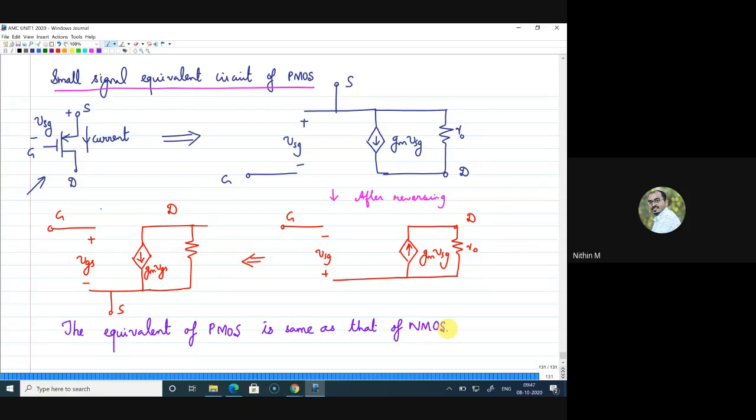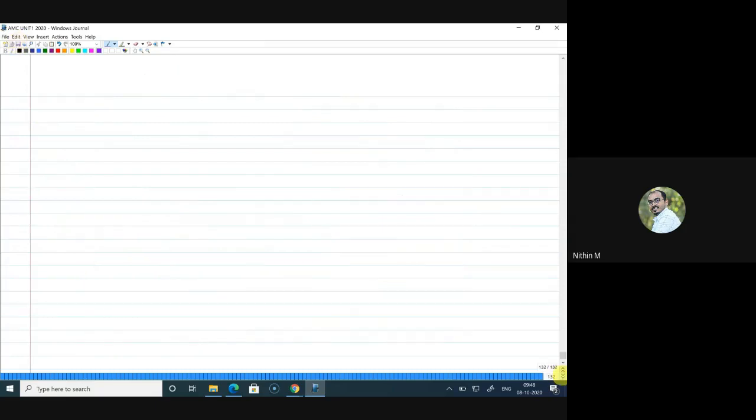The only difference is when we write in terms of VSG and VGS, that I have showed you by just reversing and coming to the same equivalent circuit at the end. Is that clear? Okay. So just to give more clarity on this, probably you will take some more time to understand this. Fine, you can take that.